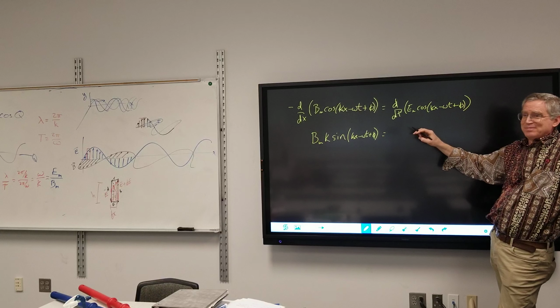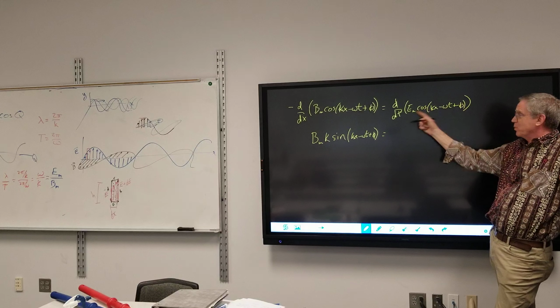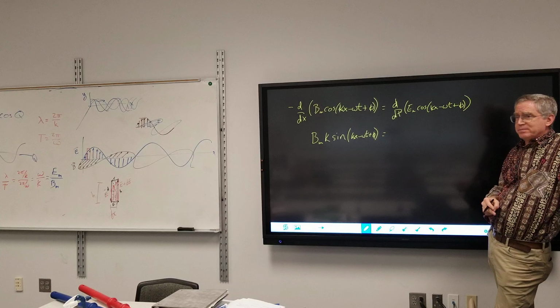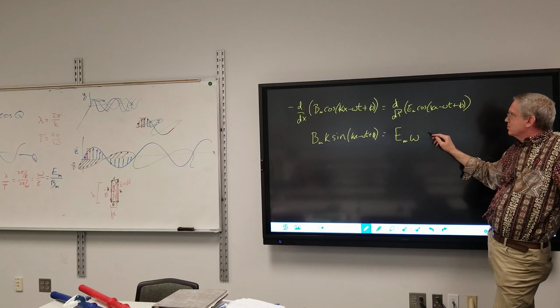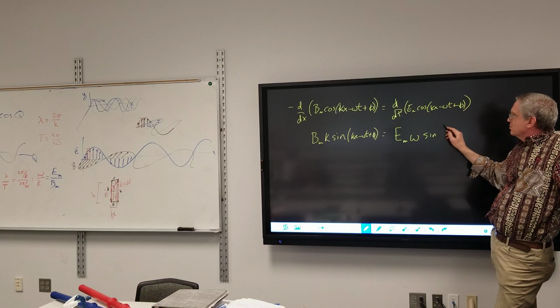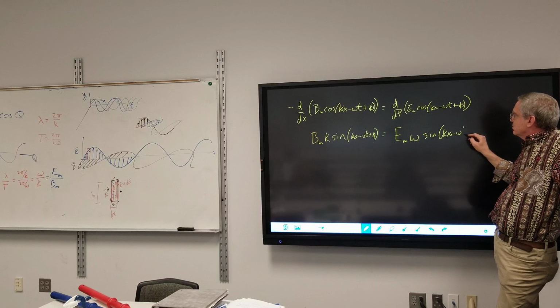We're taking the derivative of this with respect to time. Em omega, and then sine of kx minus omega t plus phi.